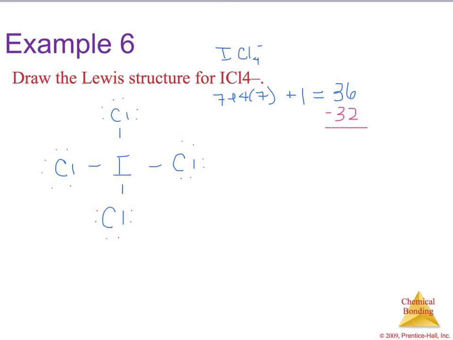So I'm going to subtract my 32, and I still have 4 electrons remaining. Because iodine is actually larger, we're going to put those 4 electrons on iodine instead of chlorine. So I'm just going to fit these in maybe right here and right here. Now I can subtract my 4 and get a total of 0.